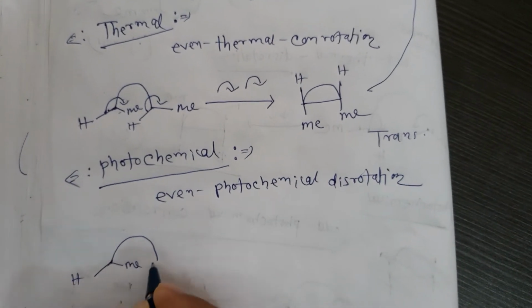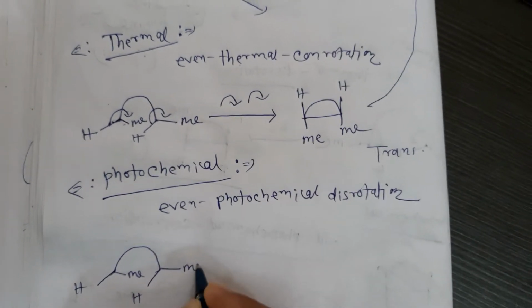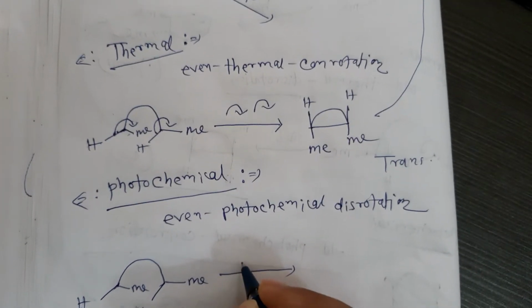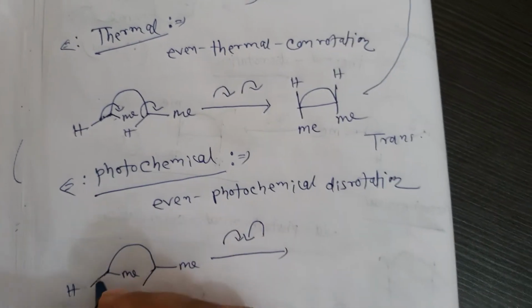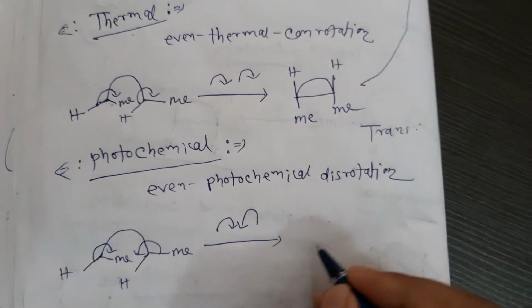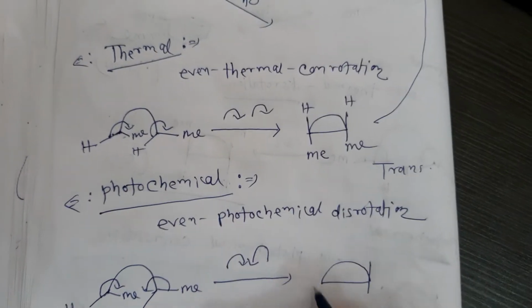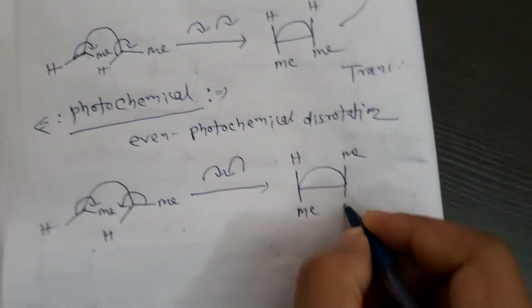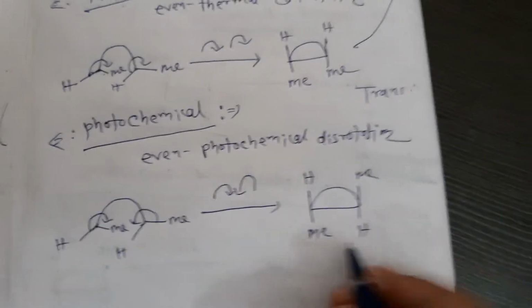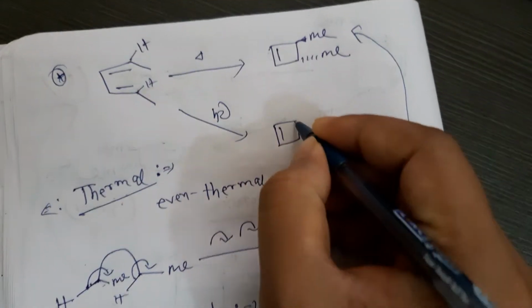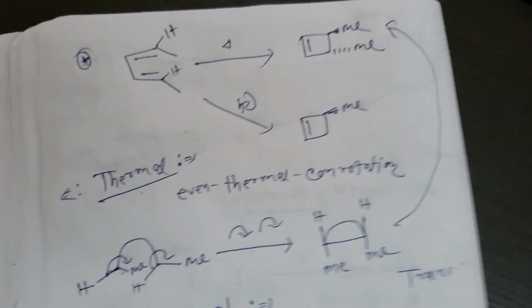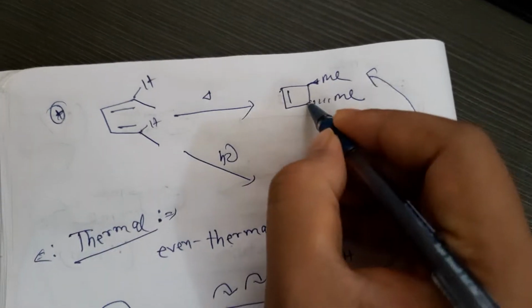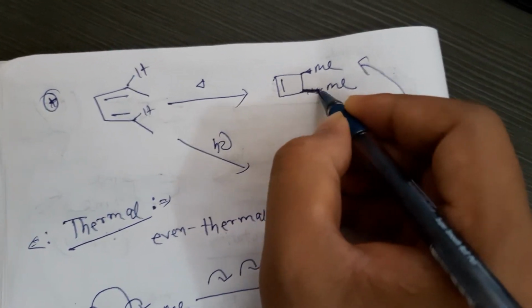Hydrogen, methyl, this is hydrogen, methyl. If we give this rotation, this rotatory mode, then this and then this. So methyl goes down, hydrogen above, methyl above, hydrogen down, and this is the cis product, sorry, this is cis and this is trans.